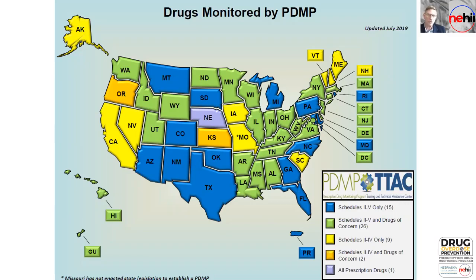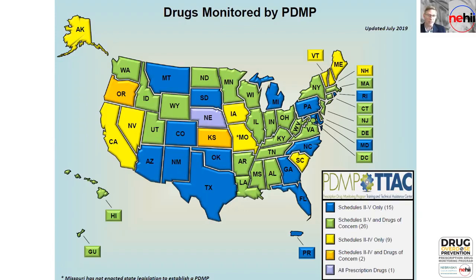Currently the most common non-scheduled drug that is being found to be abused by some patients is called gabapentin. This drug may be used for some neurological or even seizure disorders, but is still found to have some abuse potential. So many states will have that mandatorily reported as a drug of concern.